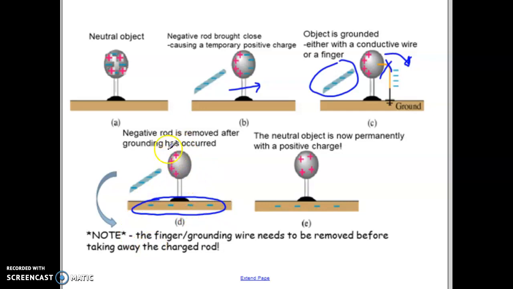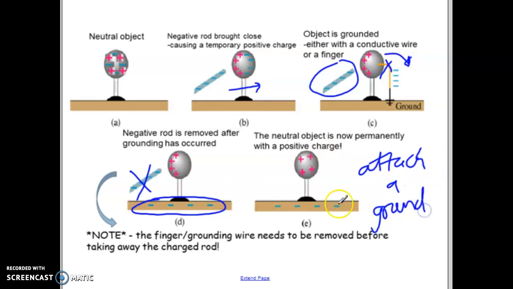Now those electrons have actually left. They are gone. It's lost electrons. So when you remove this rod, the electrons have been lost, right? There's no way of them returning back to this area unless you were to attach a ground again. So right now, this is a positive charge, but let's say we were to attach a ground again at the end.